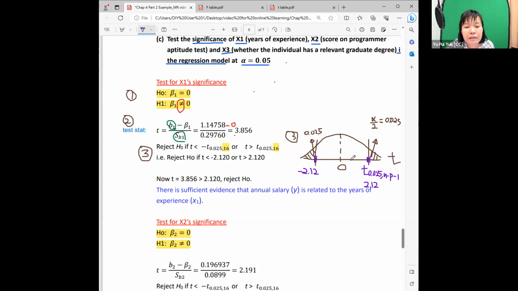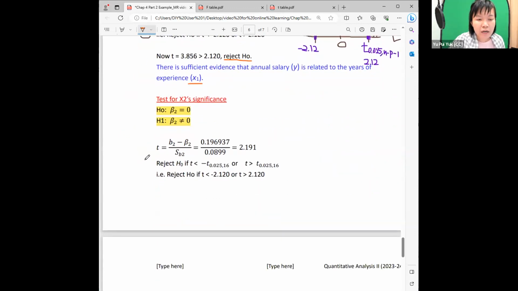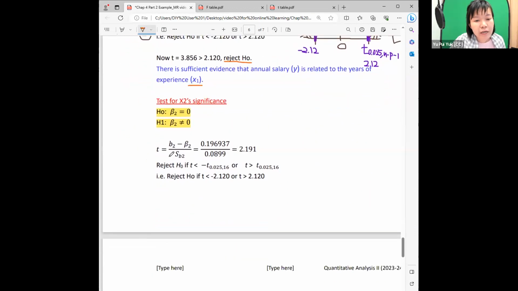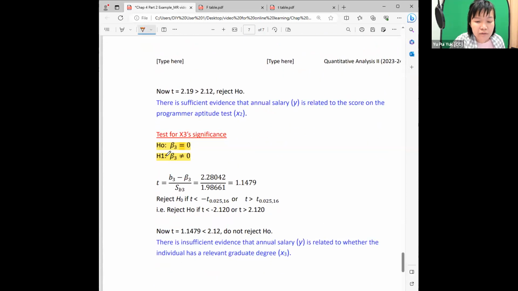And then the last step, just locate the test statistic and see whether it lies in the rejection region or not. Now here it lies in the rejection region, so we should reject the H0. Therefore X1 is significant in the regression model. And so on and so forth for testing whether X2 is significant and X3 is significant.